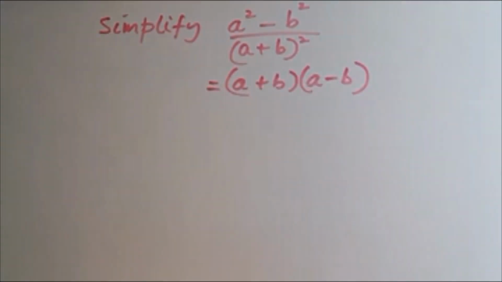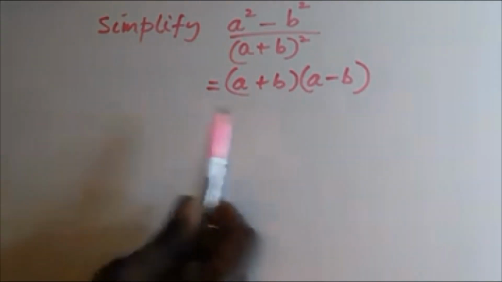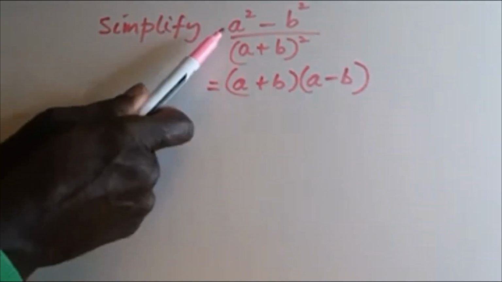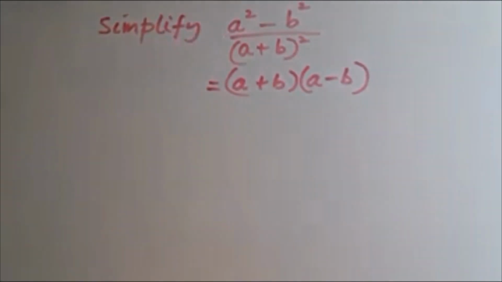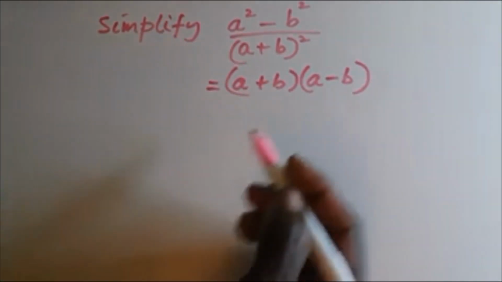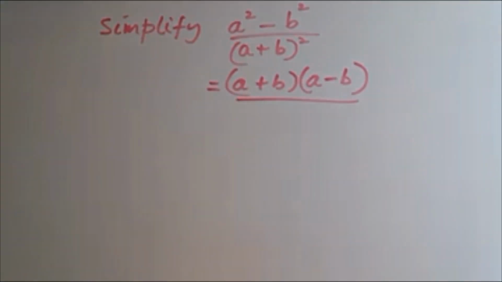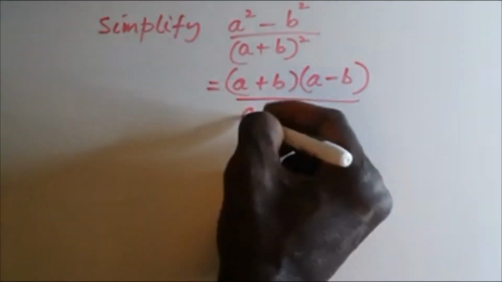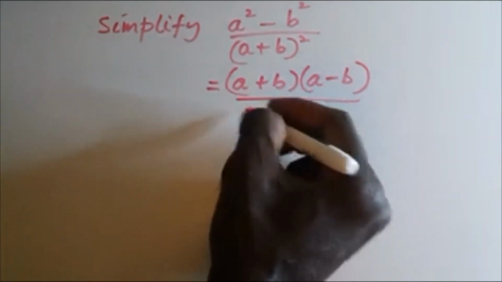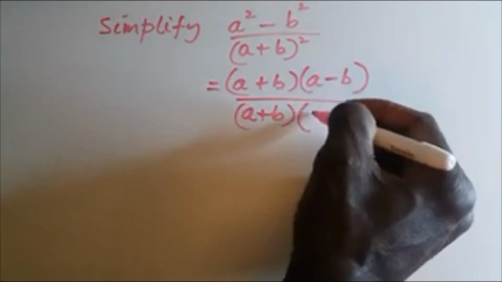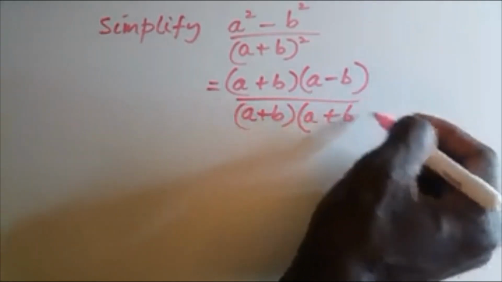So it's the product of a add b, a minus b. You can verify this for yourself by clearing the brackets here to see that it equates to a squared minus b squared. And for our denominator, we can now write this as a add b times itself, a add b.